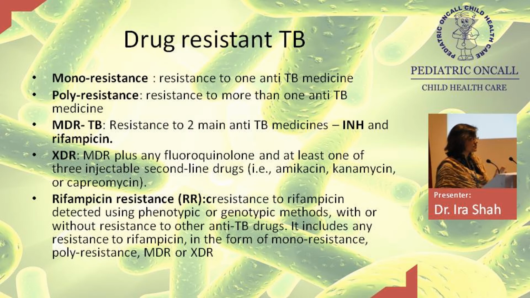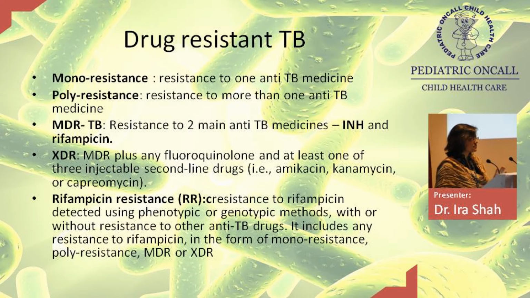So XDR means MDR, plus one fluoroquinolone, plus one injectable. This is known as XDR TB. And then you have a pre-XDR. Pre-XDR means you have an MDR, that is INH and rifampicin, plus either a fluoroquinolone resistance or an aminoglycoside resistance, not both of them. So that is known as pre-XDR.